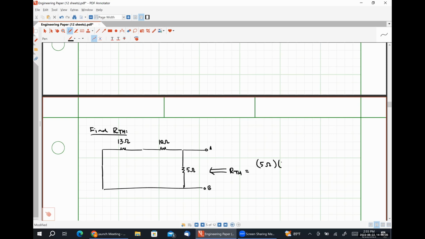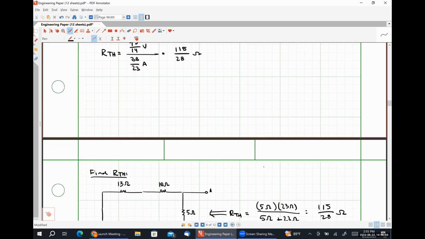So 5 times 23 over 5 plus 23. 5 times 23 is 115, 5 plus 23 is 28, and we got the exact same result. So we must have done all of the steps correctly. If we didn't, one of these answers wouldn't match the others.